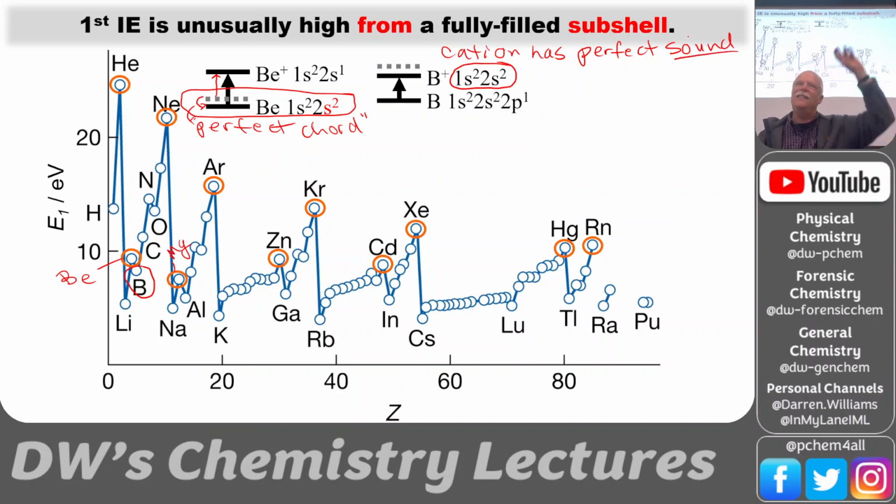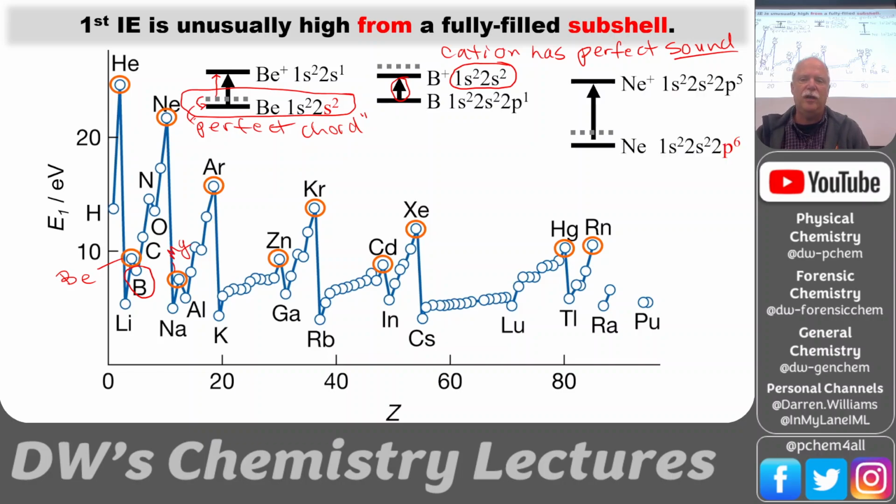It sounds nice as the cation. Well, if the cation energy drops, what happens to the arrow? It shrinks. So if you stabilize the cation, it's going to be easier to ionize. If you stabilize the neutral, the lower energy level drops, then it's harder to ionize. So this is how we're getting these conclusions that the fully filled subshells are stable.